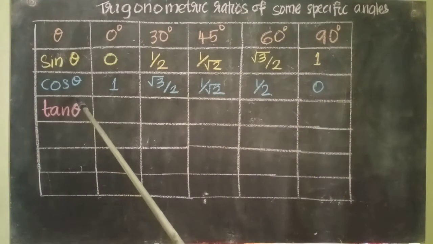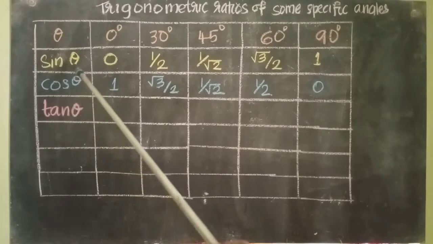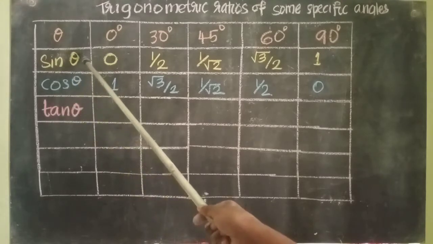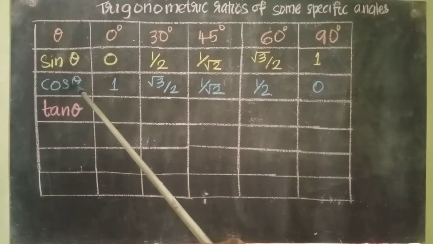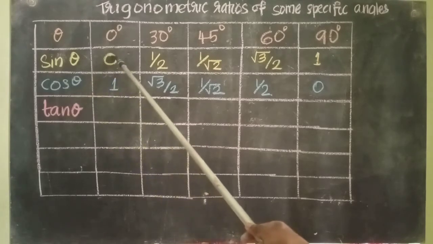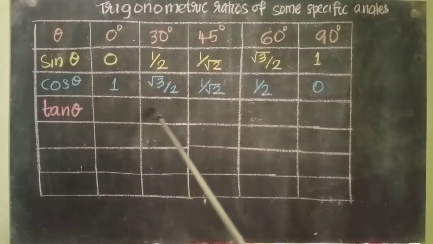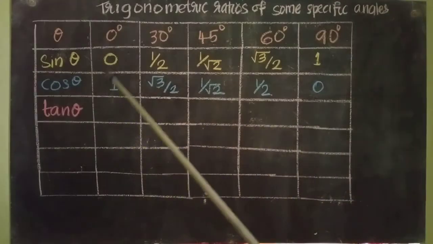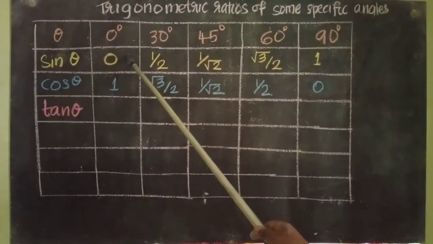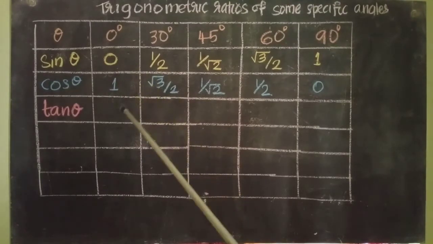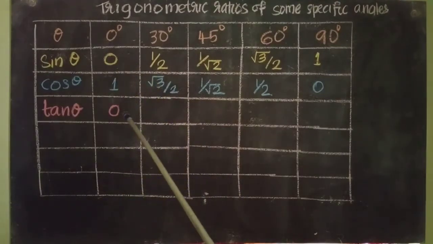Third table is tan theta. We know tan theta equal to sin theta divided by cos theta. So if you just divide these two values, we can fill this table. So first 0 divided by 1, it is 0.